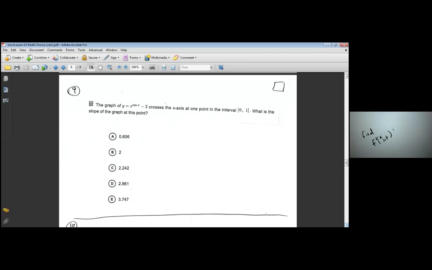Anybody? What's the x-intercept? I said 0, -1 for the x-intercept. It's between 0 and 1. So the x-intercept for e to the tan x and then minus 2. So we want to go to your calculator and graph y equals e to the tan x and then outside of that minus 2. And we're only going to look at it on the interval 0 to 1.